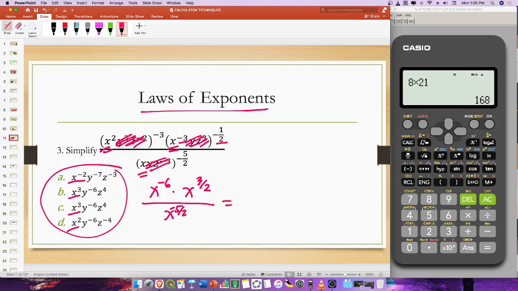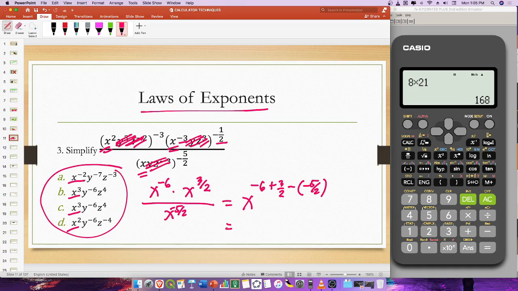So using the rule in laws of exponents, when you divide, you subtract the exponent. When you multiply, you add the exponent. So therefore, this is now minus 6. Since that is multiplication, you will add the exponent. Minus, since that is division, you will subtract the exponent. That is what will be.